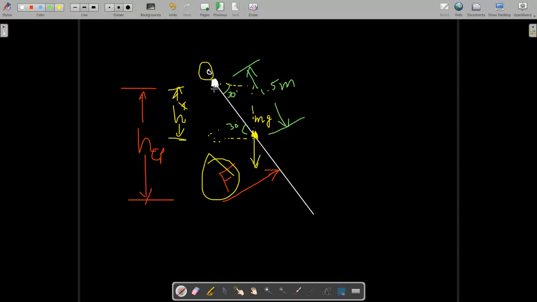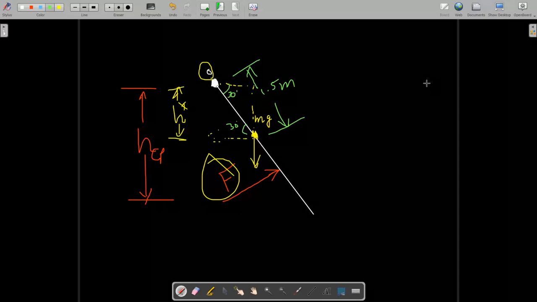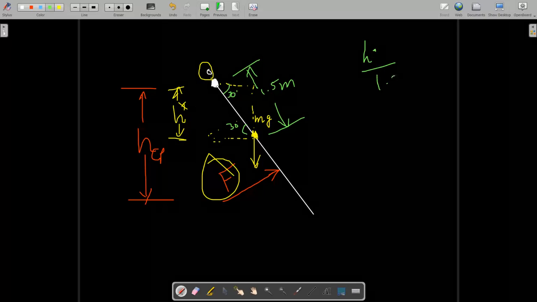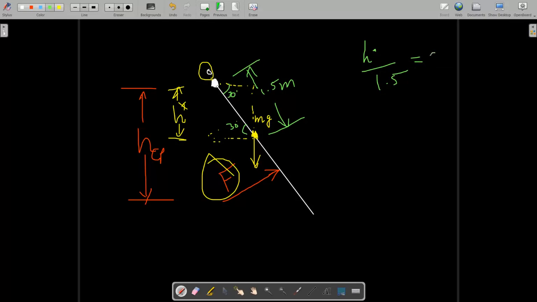Okay, so here we will find using the sine relation, h star upon 1.5 is equal to sine 30. So h star is 0.75 meter.